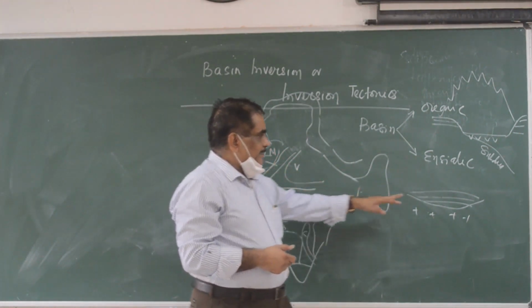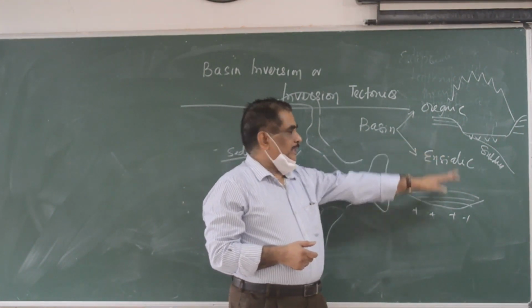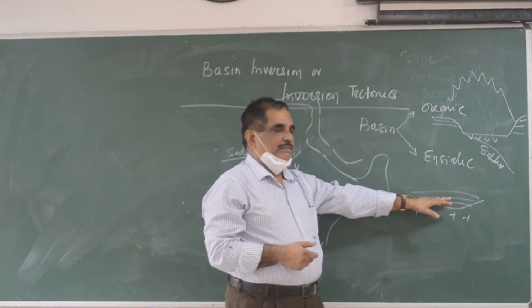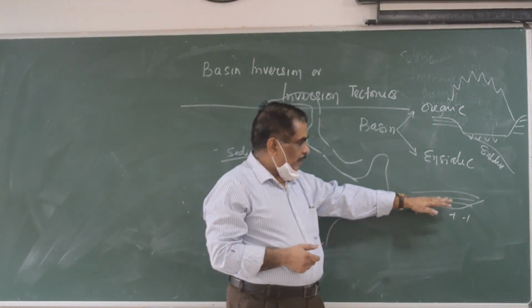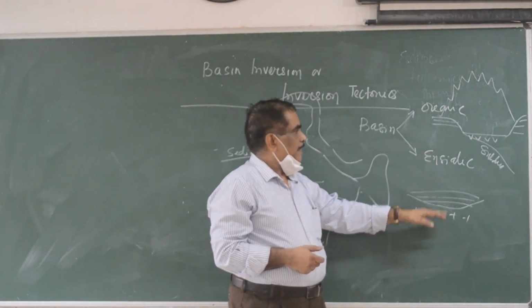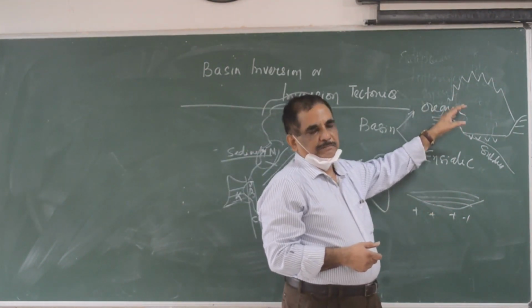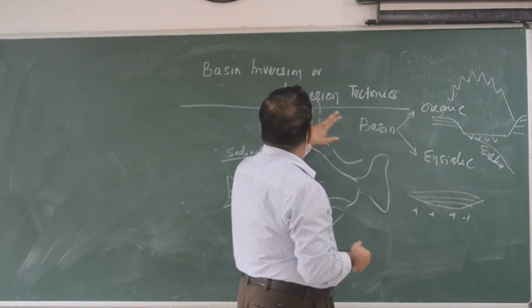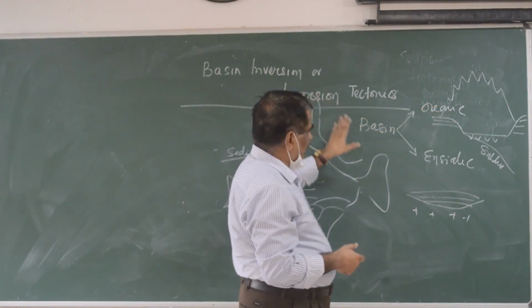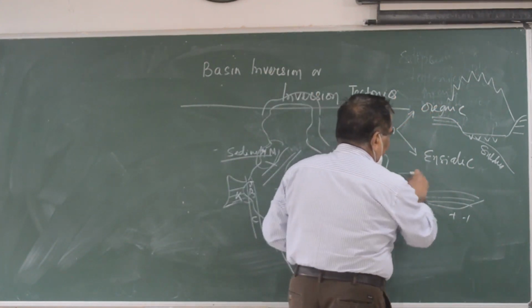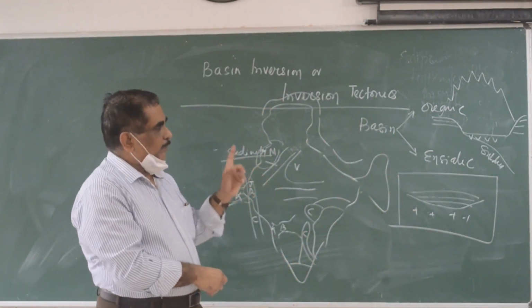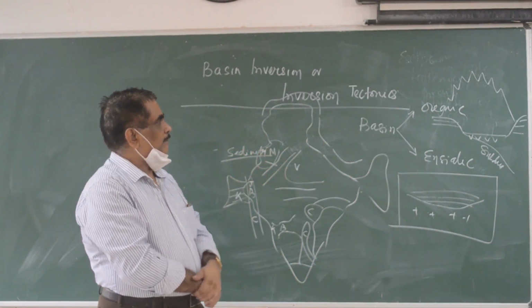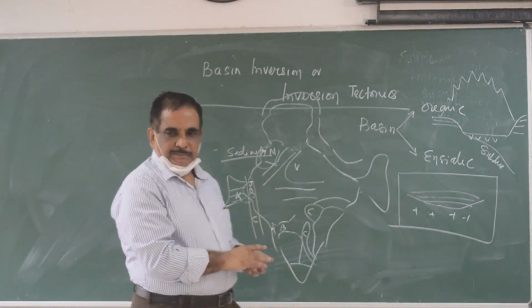Because there is no subduction and no collision for these ensialic basins, they form a different category. Now when we talk about basin inversion or inversion tectonics, generally we refer to this type of basin. So today we will define what is basin inversion and inversion tectonics.